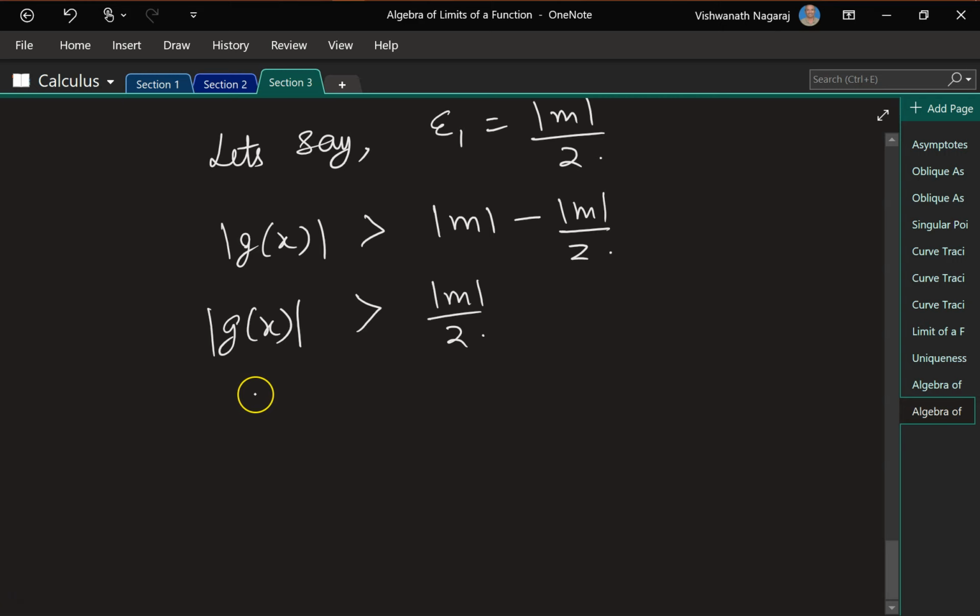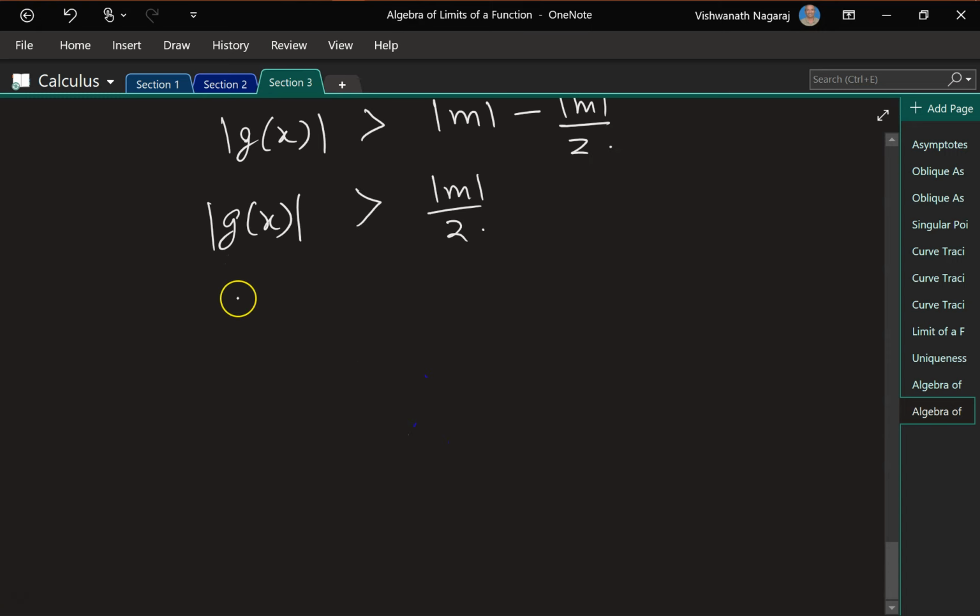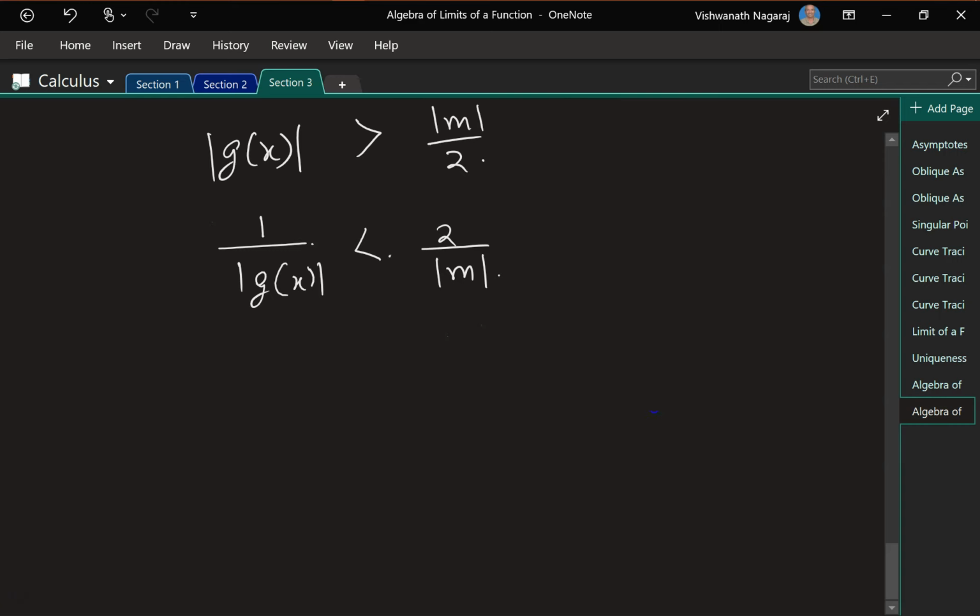We get 1 by |g(x)| is, since we are taking reciprocal, the sign changes, less than 2 by |m|. Yes. So this is one of our intermediate results.